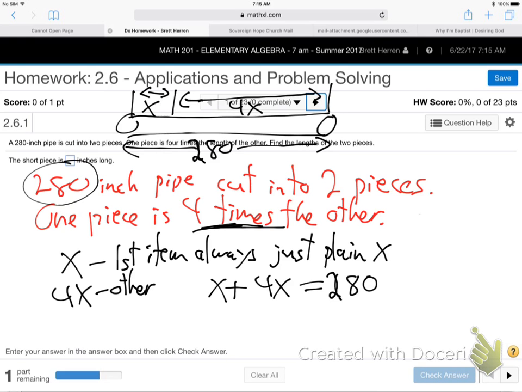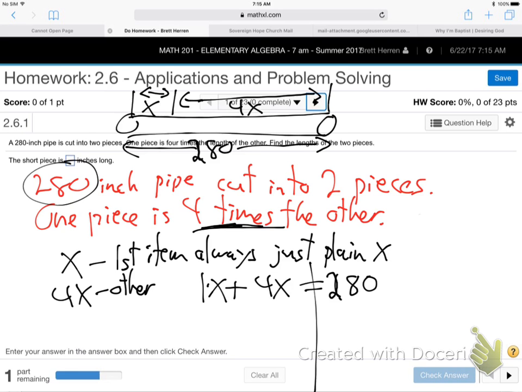Now we need to solve it. Here's the wall. Did you make it through all those fraction homeworks and 2.3 and whatever it was last night? Yeah. Combine the like terms, right? When we have x's on the same side, they just add together. What's in front of this plain x? The ever-present invisible 1, right?